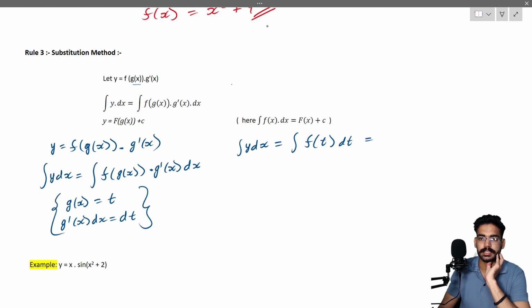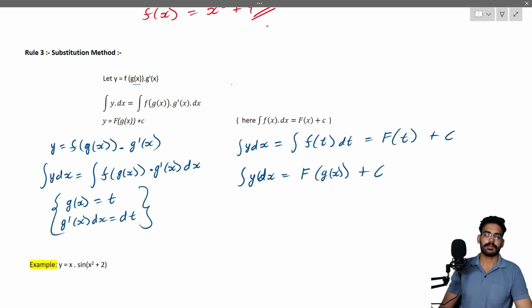So I can write this as capital F of t plus c, right? So what we assumed t to be? g(x) only. So let's write down capital F of g(x) plus c. This is your proof.